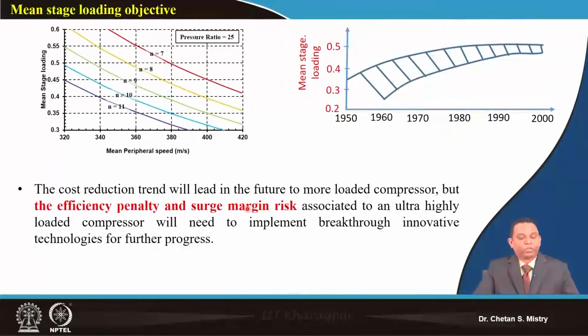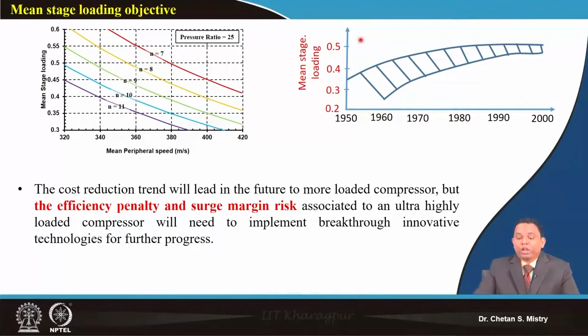Now here, suppose I am assuming my overall pressure ratio is 25. It says when I am moving with a particular peripheral speed and selecting the number of stages, if we reduce our number of stages, then my mean stage loading is going to increase.